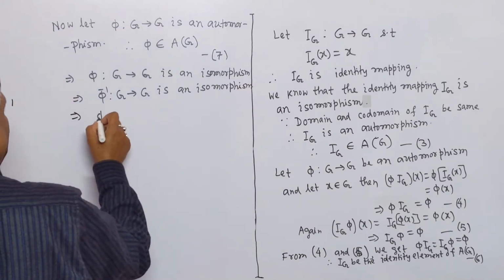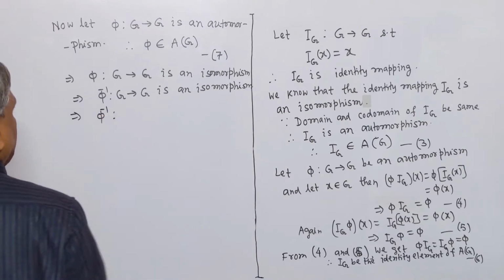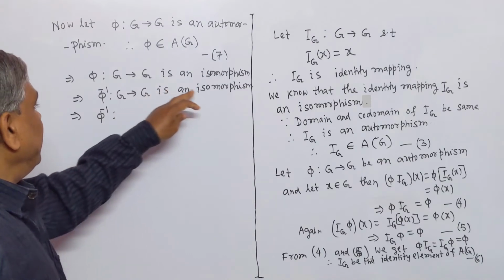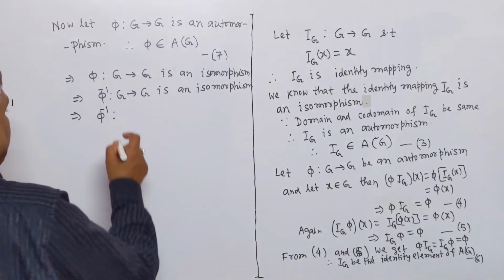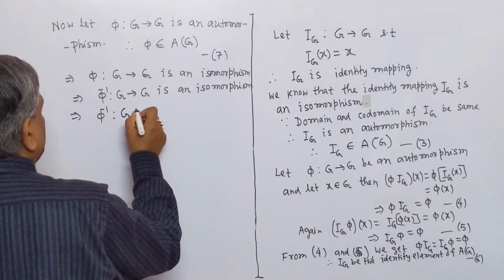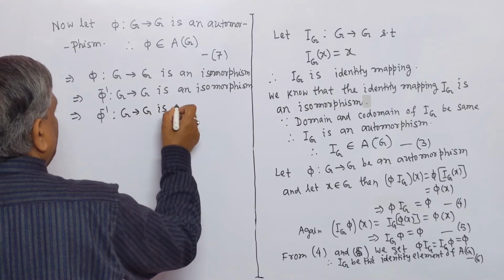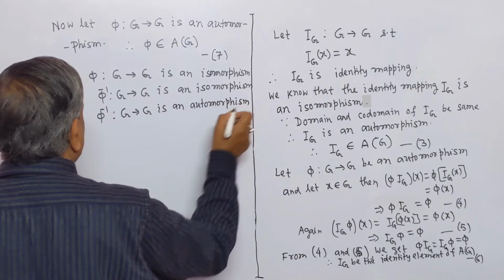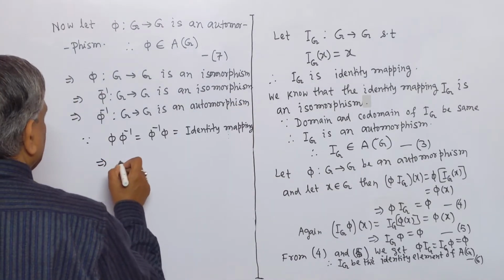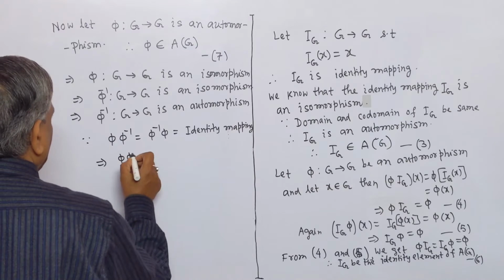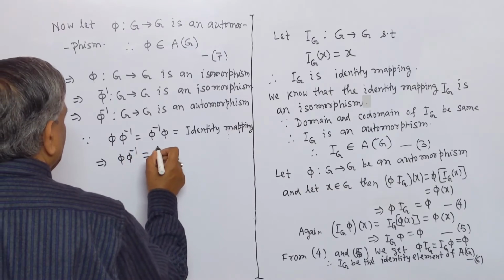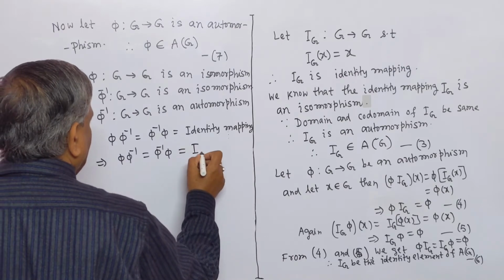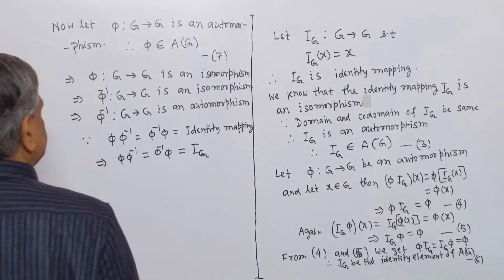Here domain and codomain are the same and it is an isomorphism, therefore phi inverse from G to G is an automorphism, implies that phi inverse phi equal to identity automorphism.